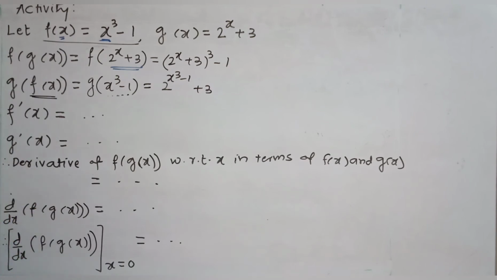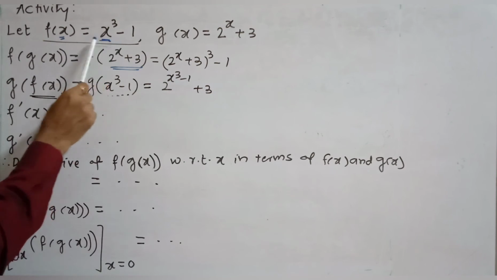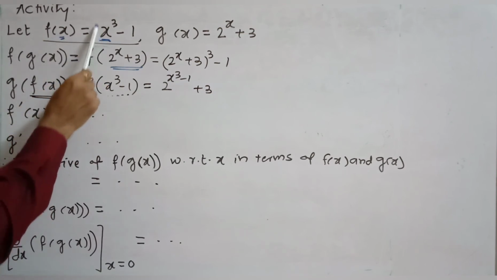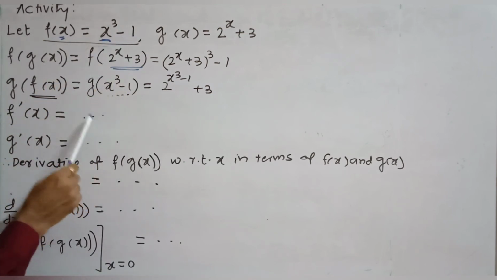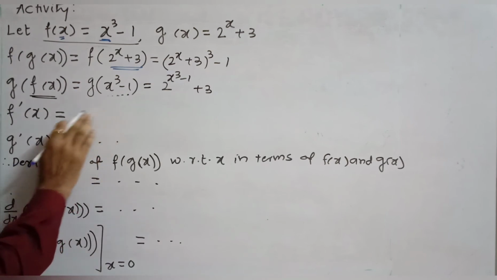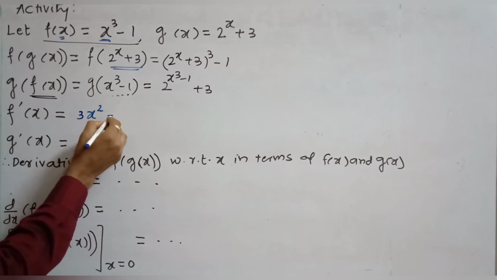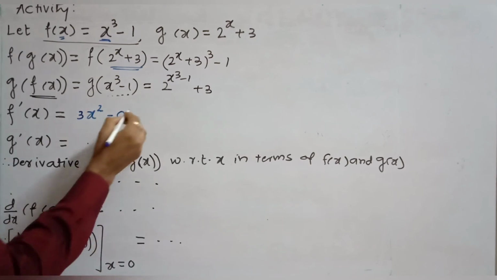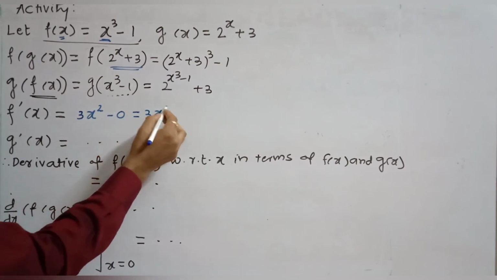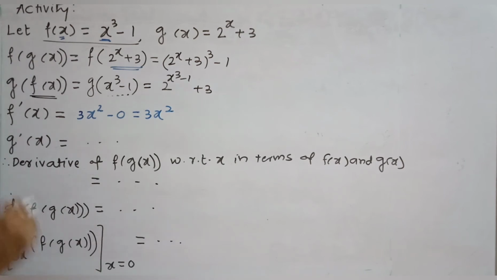Now f dash x is written from the derivative of f of x. Derivative of f of x means derivative of x cube minus 1. That should be written here. So f dash x is, what is the derivative of x cube minus 1? It is 3x square, as the derivative of 1 is 0. So it is just going to be 3x square. Now g dash x.